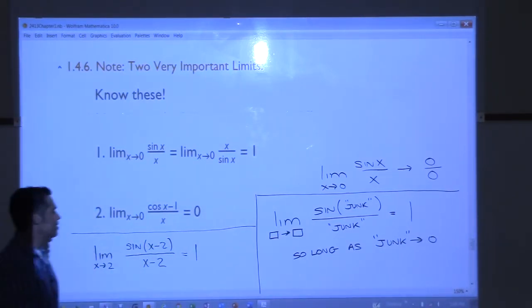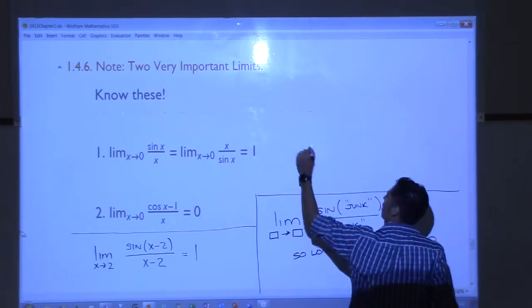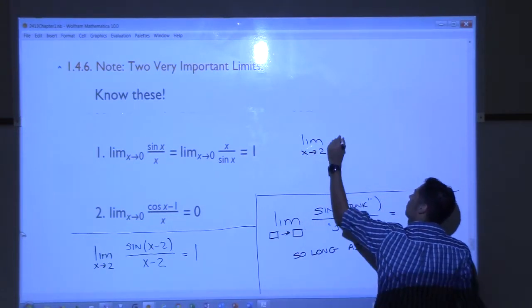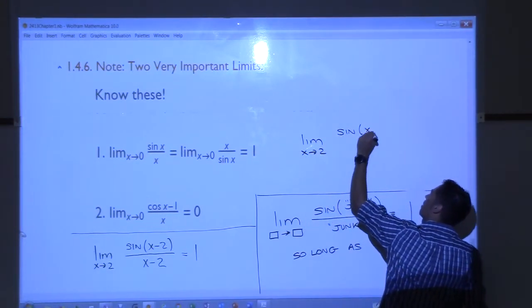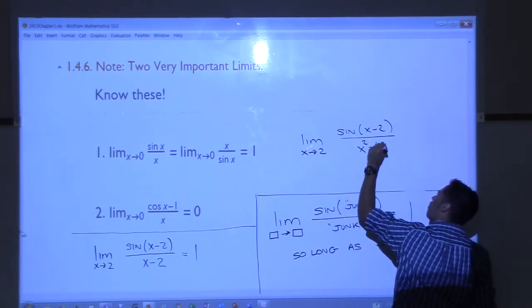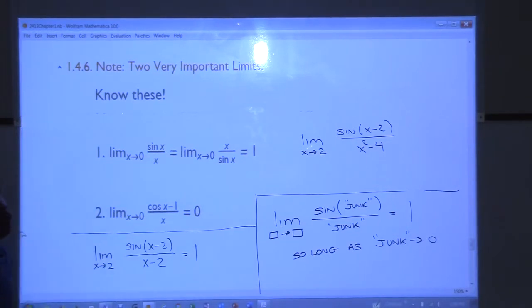Let me give you another example. What about this? Limit x approaches 2 of sine of x minus 2 over x squared minus 4. So how about that?